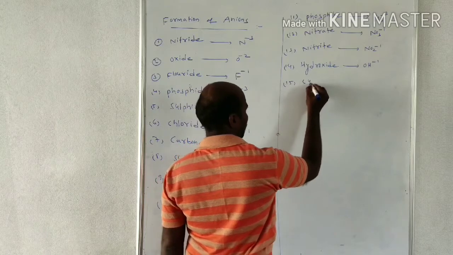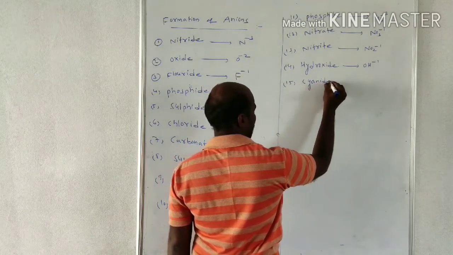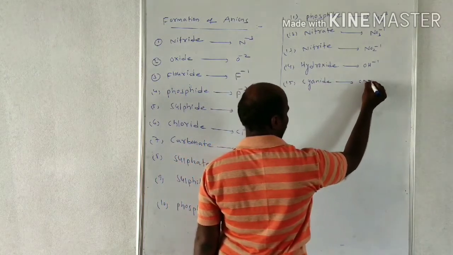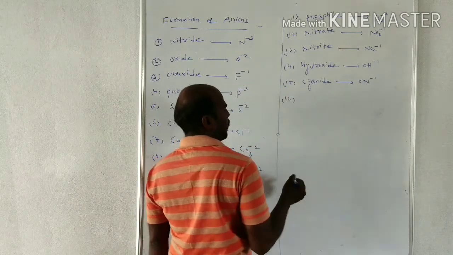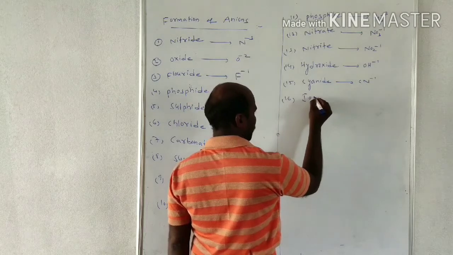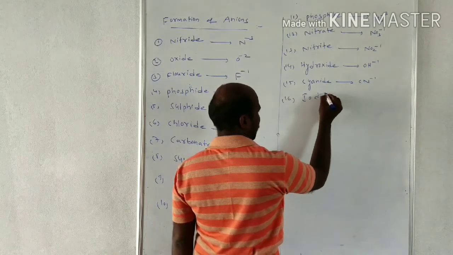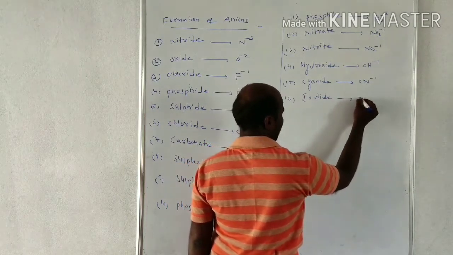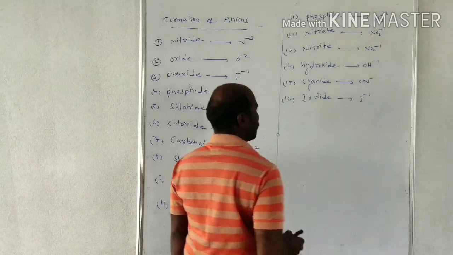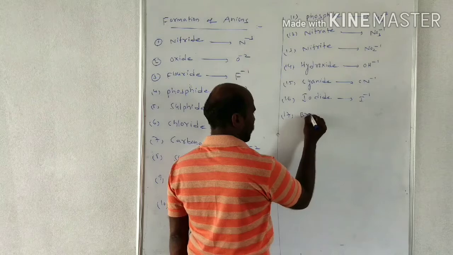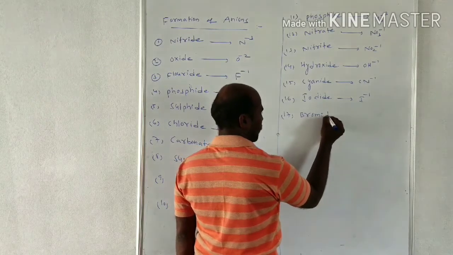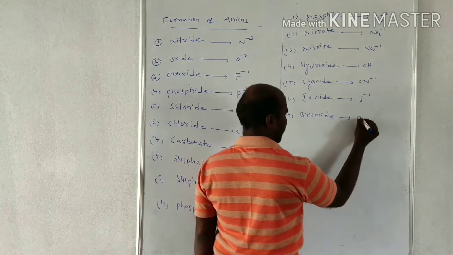Cyanide, CN minus 1. Iodide, I minus 1. Bromide, Br minus 1.